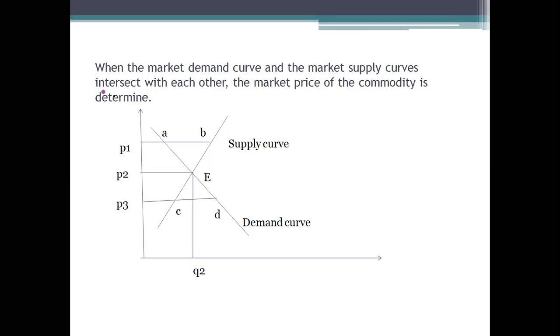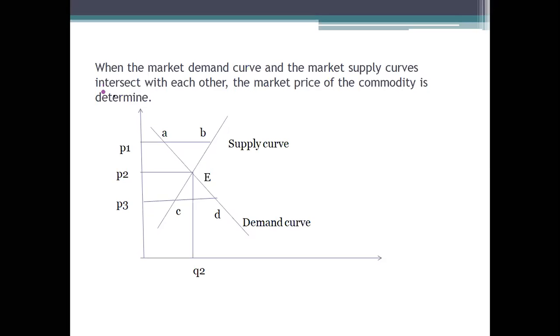There are market demand curve and market supply curve, and they have to intersect at one point because one is an upward sloping curve and the other one is a downward sloping curve. So if we draw two curves in a graph, obviously they will intersect at one point, and that particular point is the equilibrium point.